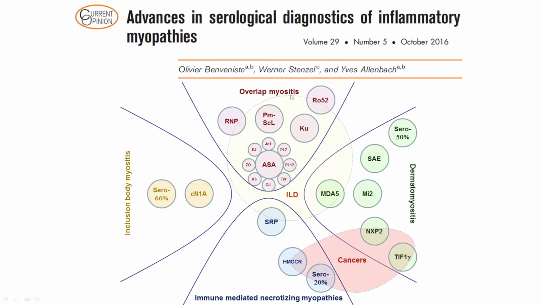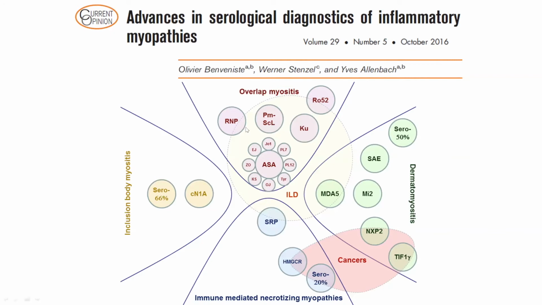The group of what I call overlap myositis, overlapping with other connective tissue disorder features, such as the interstitial lung disease that you can observe in scleroderma, but also arthralgia and Raynaud phenomenon, once again mimicking scleroderma.